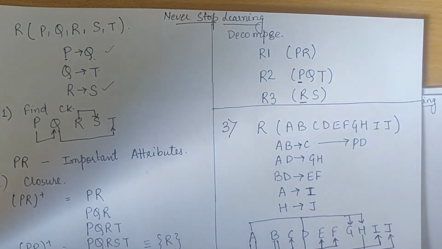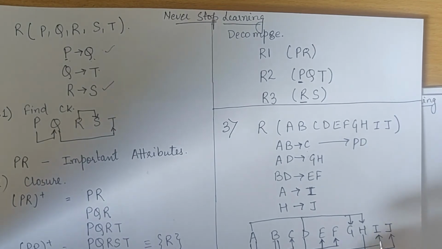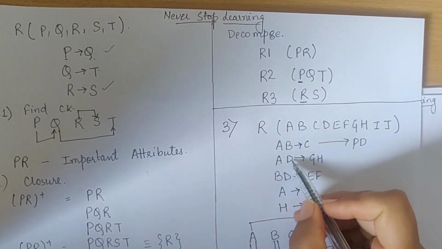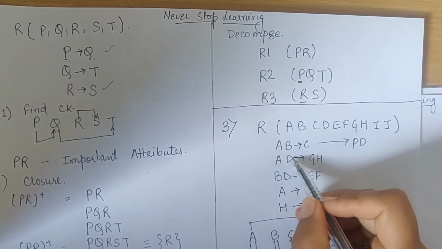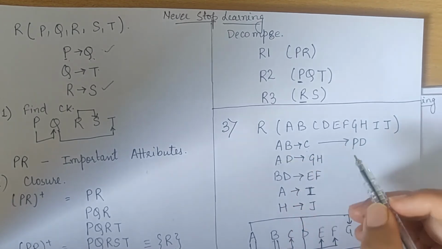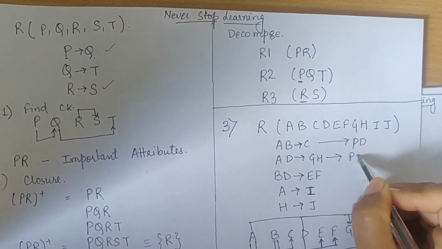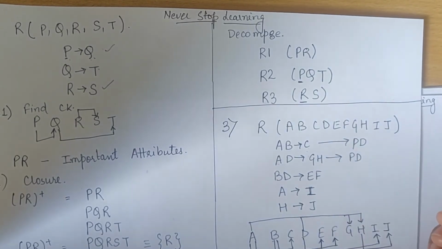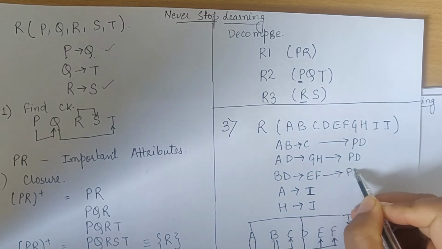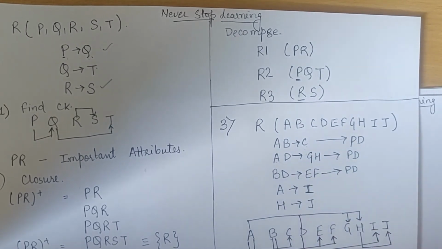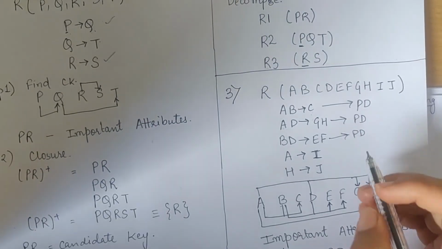AD, again, ABD is the candidate key. AD is also a proper subset of the candidate key, so this will also lead us to partial functional dependency. BD is also a partial functional dependency because it is also a proper subset of the candidate key.